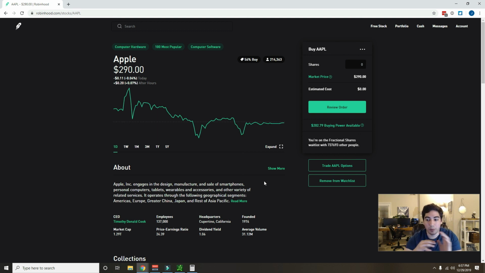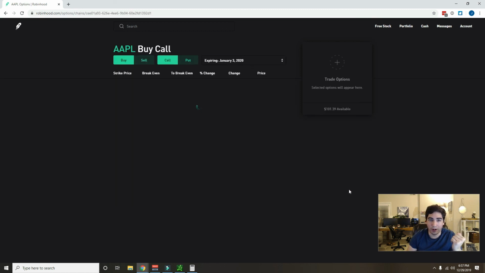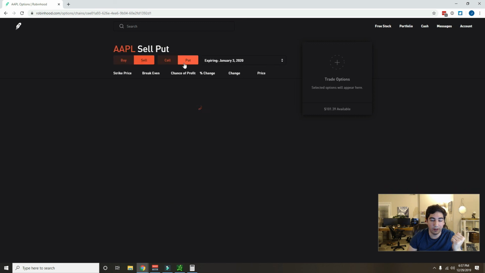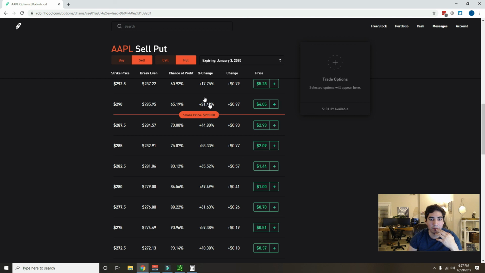So if Apple starts going up tomorrow morning, which is Monday, those options are automatically going to change in price in real time, very quickly. And if Apple goes up to $291, that option is going to cost a lot more. That put option that I'm selling is going to pay a lot less credit.